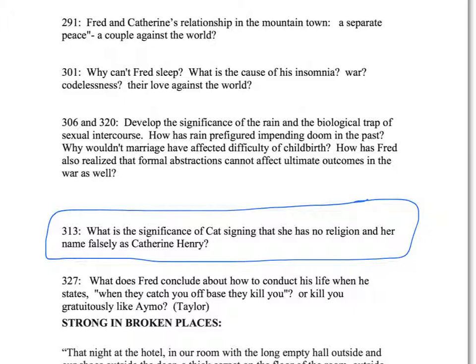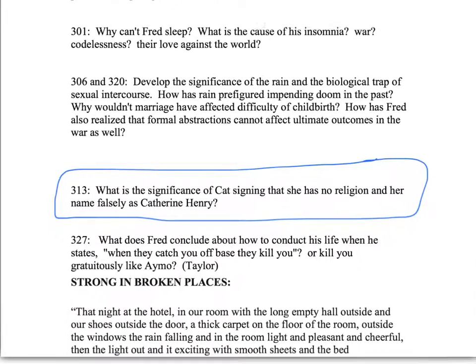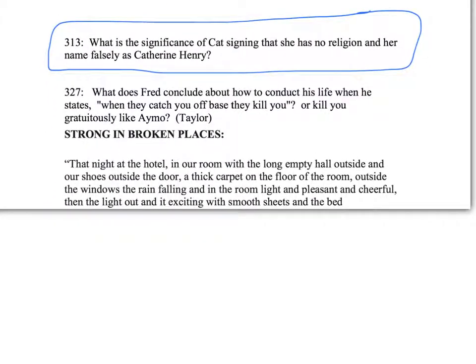And we'll come back to that when we go to the last passages here. Let's go to this passage in the hotel before we get down to the hospital where Catherine's going to give birth.